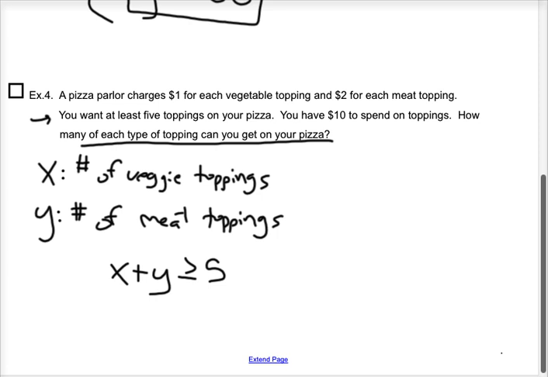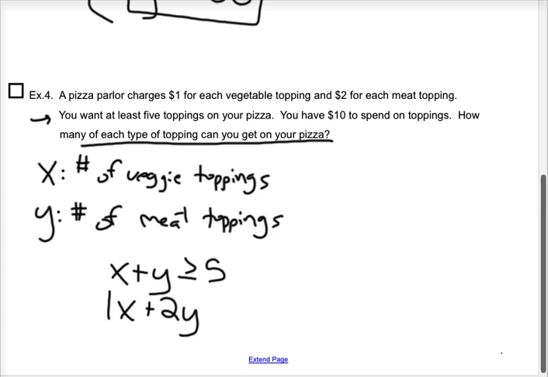Next equation is cost. So we have $10 to spend. Well, what are we spending? Well, $1 for each vegetable topping. So $1 for every vegetable topping we get, and $2 for every meat topping that we get.